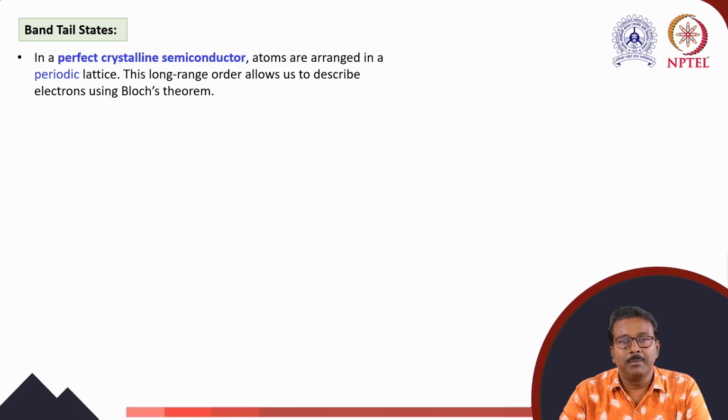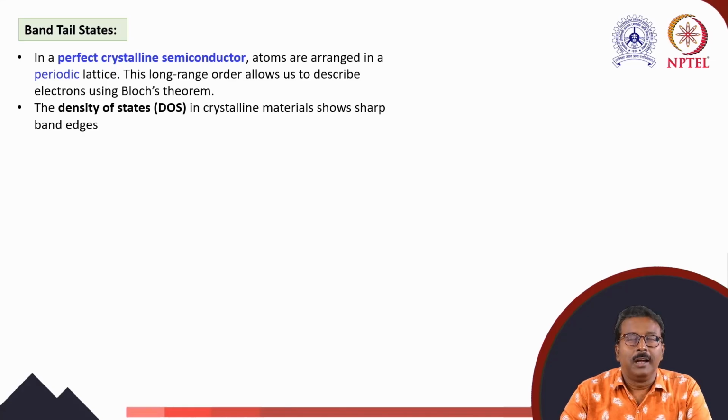That is the conduction band edge, or conduction band minima, and the other is the valence band maxima. In between these two edges, no energy states exist. And these sharp band edges occur in a crystalline periodic structure.